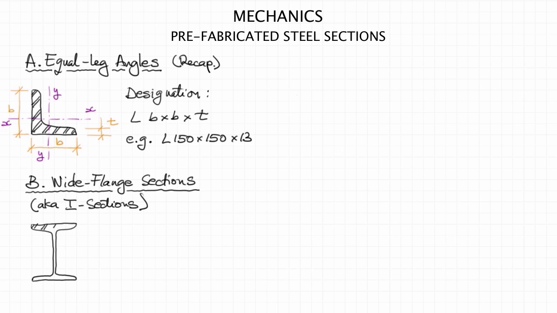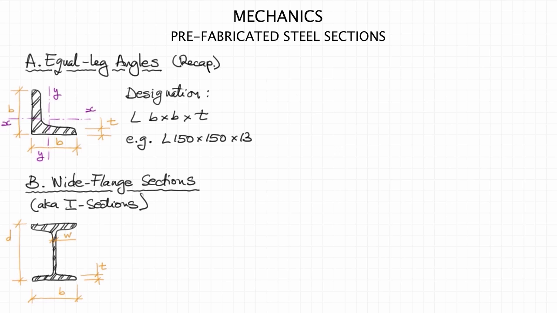Hatching means this is a cross section of an element and not an elevation. The depth of the section is normally denoted by D. The width of the flanges, which are typically equal in width, is B. The thickness of the web is W, and the thickness of the flanges is T.